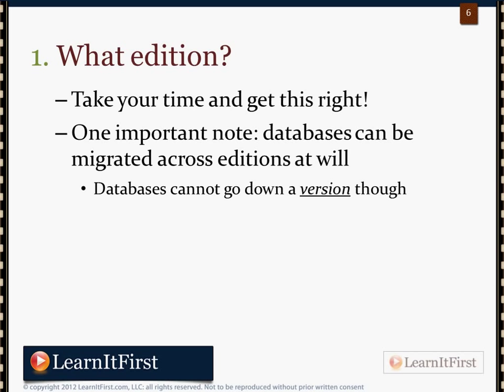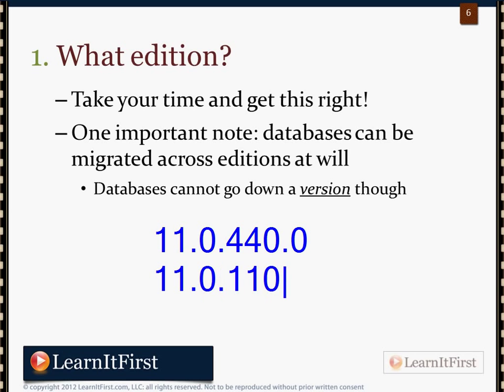So you're probably familiar with the product versions. You'll see something like 11.0.440.0. Okay? Well, when SQL Server goes through that restore process, it looks at the version the database belonged on. And if you try to put it on 11.0.100.0, it says, no, sorry, you cannot go down a version.